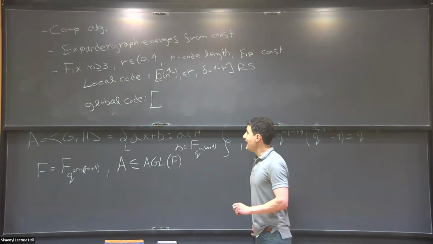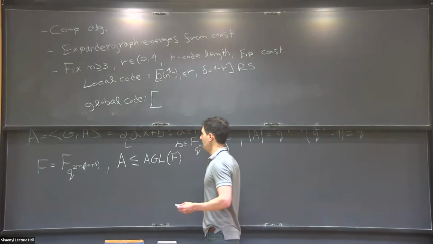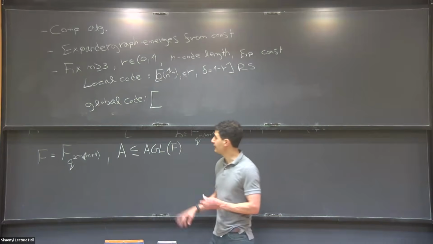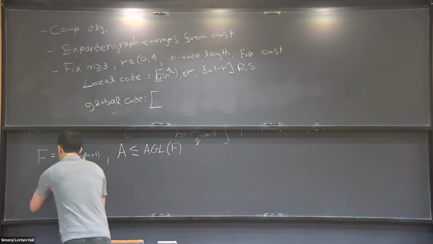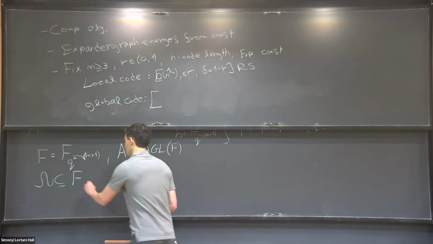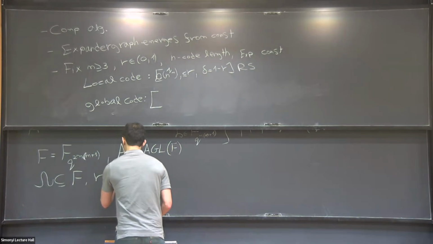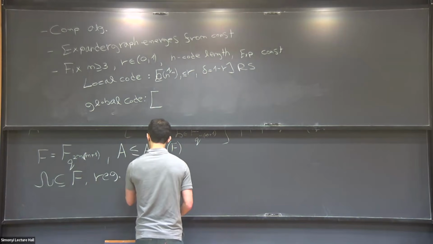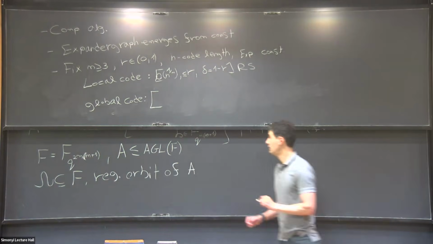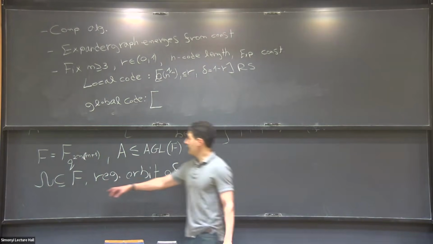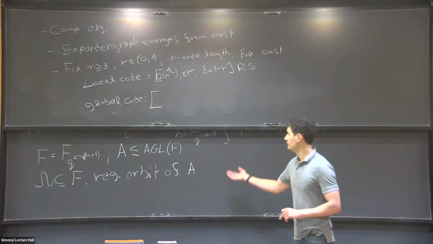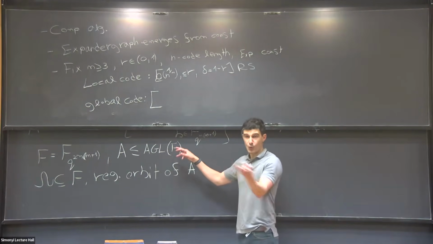And now A acts on this very large field. So now I take omega to be a subset of F, which is a regular orbit of A. A acts on F, so it partitions F into orbits.